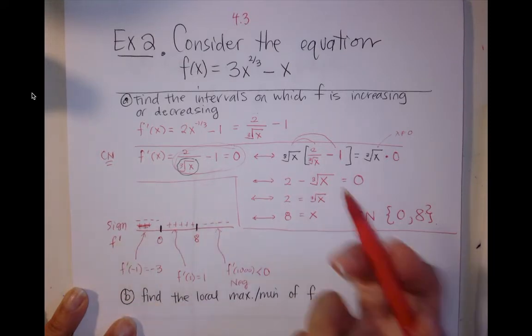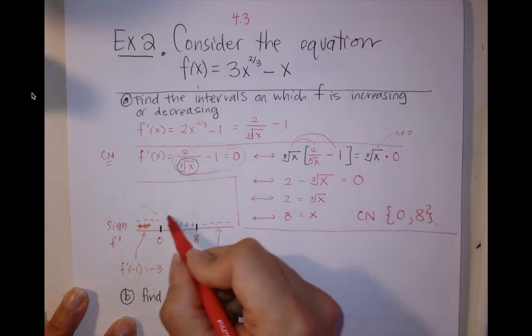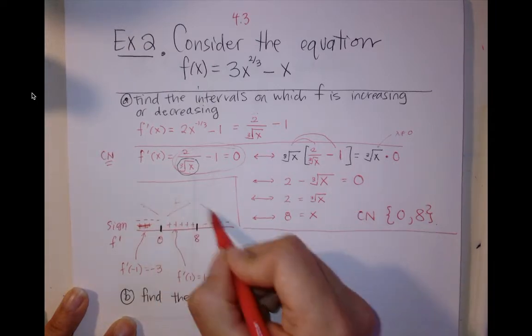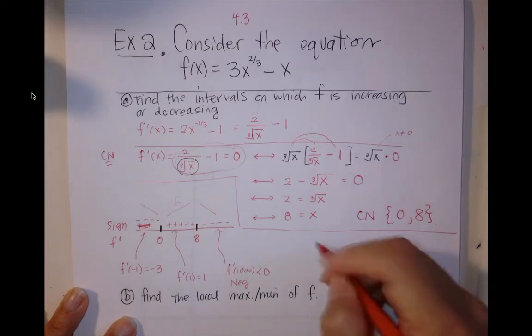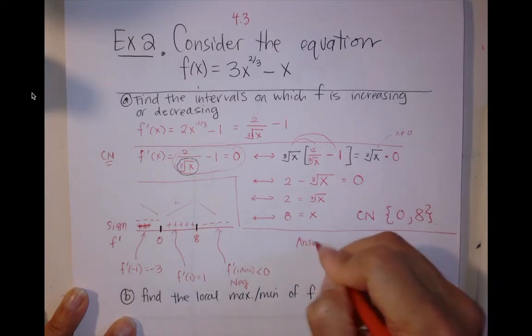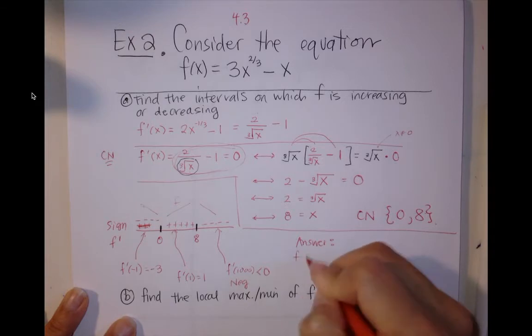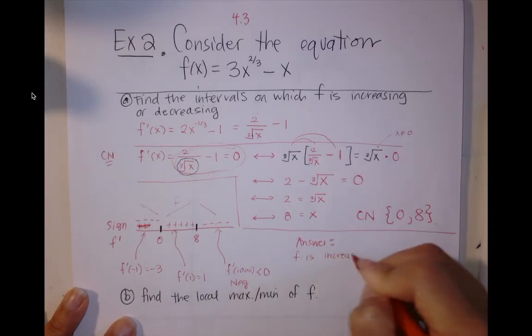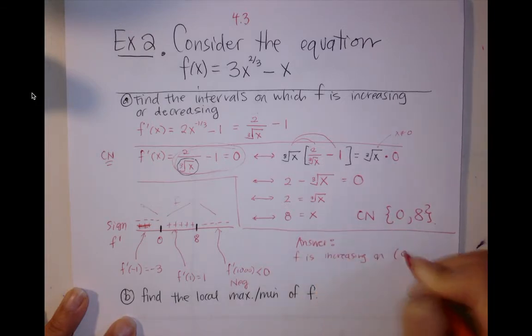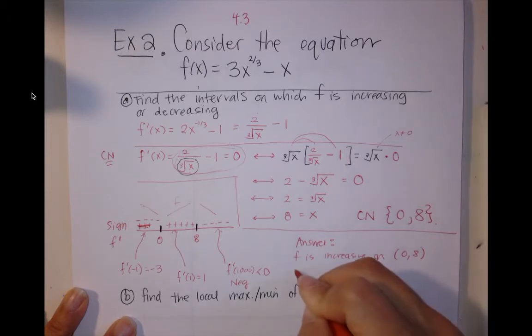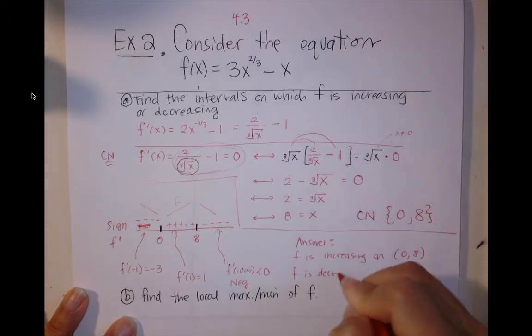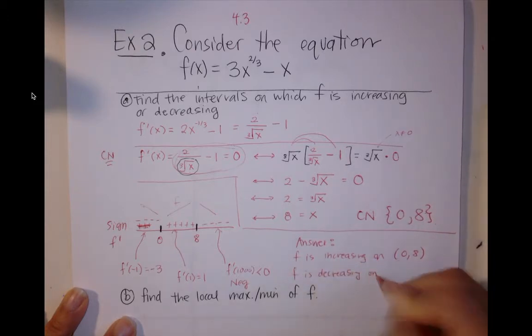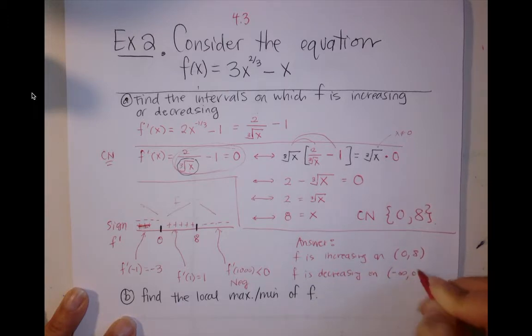What this tells me about f by the increasing decreasing test is f is decreasing here, increasing here, and decreasing here. So my answer to the first part A is that f is increasing on the interval 0, 8, and f is decreasing on the interval -infinity to 0, union 8 to infinity.